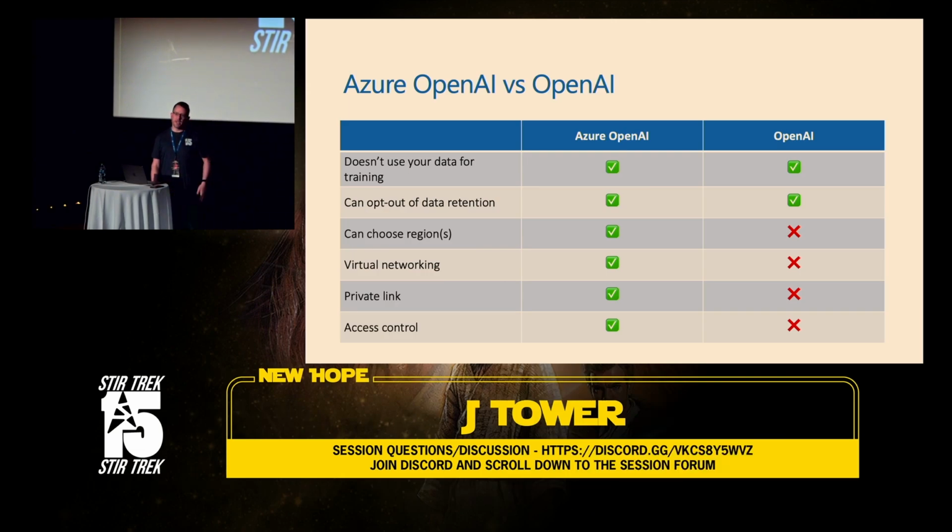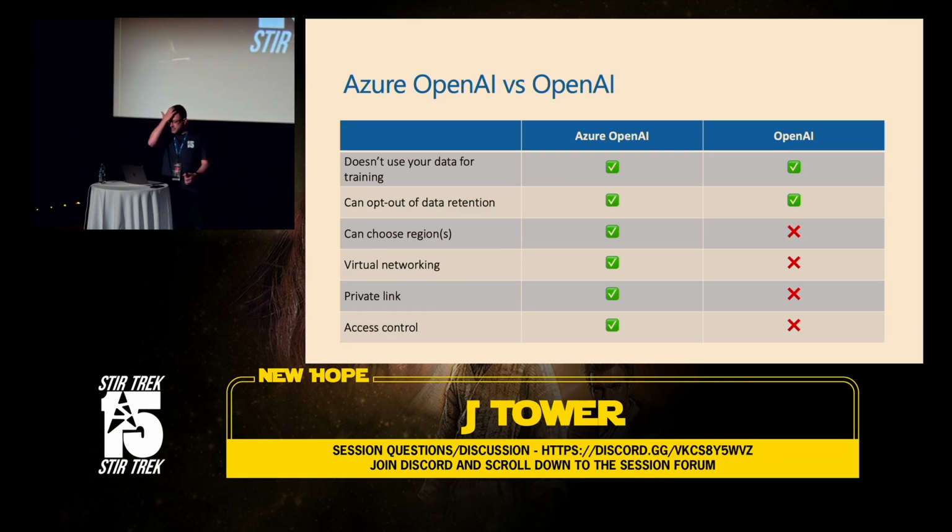You can create virtual networks within Azure so that only certain resources in Azure are able to access your OpenAI endpoint, and you can also set up access control, with your Active Directory or Entra ID now, that says only these groups or people get access to this OpenAI endpoint. Those are all things that you can do if you use the Azure one. You cannot do them with the OpenAI one.